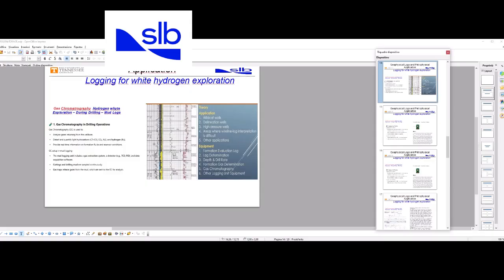They also include gas extraction systems and detection and data acquisition software. We also have to analyze the cuttings and the drilling muds for sampling, and a gas trap releases gas from the mud, which is sent to the GC analyzer.